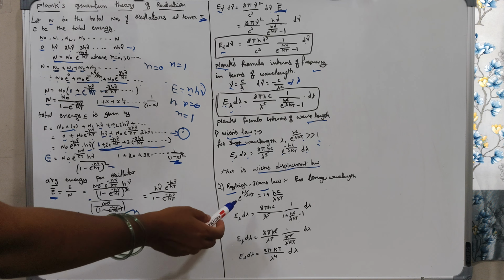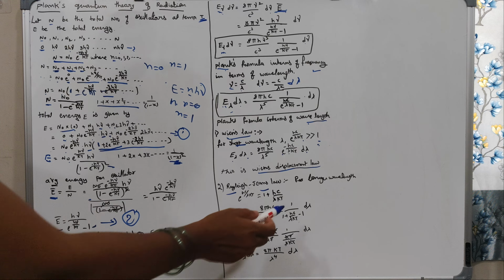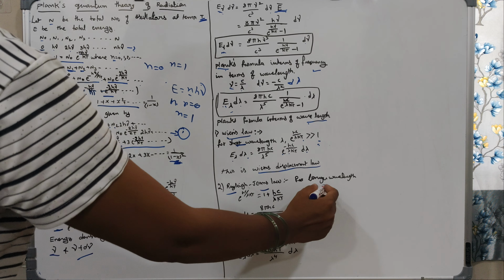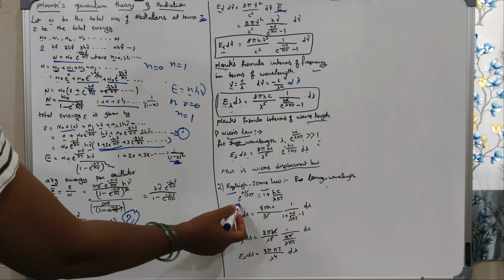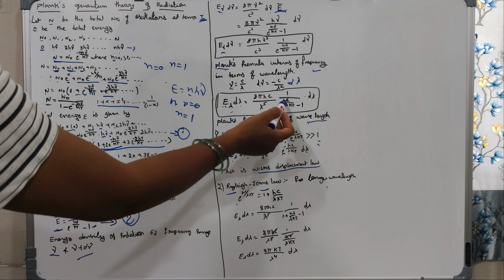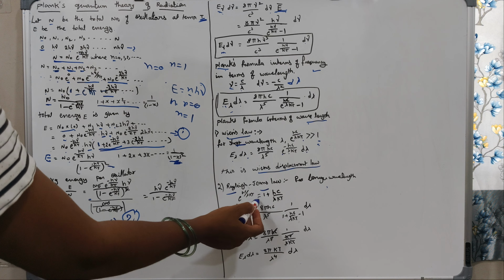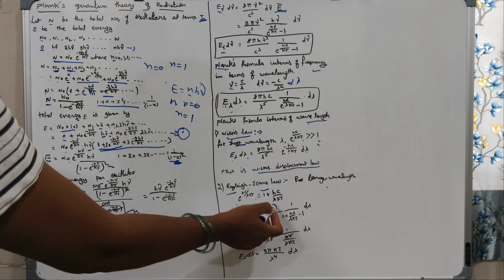Now we'll discuss the Rayleigh-Jeans law. For longer wavelengths, the term e to the power of hc by lambda kT is approximated as 1 plus hc by lambda kT.